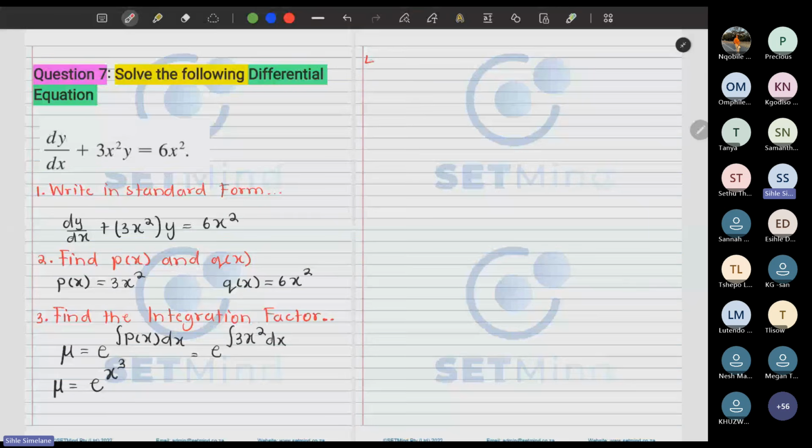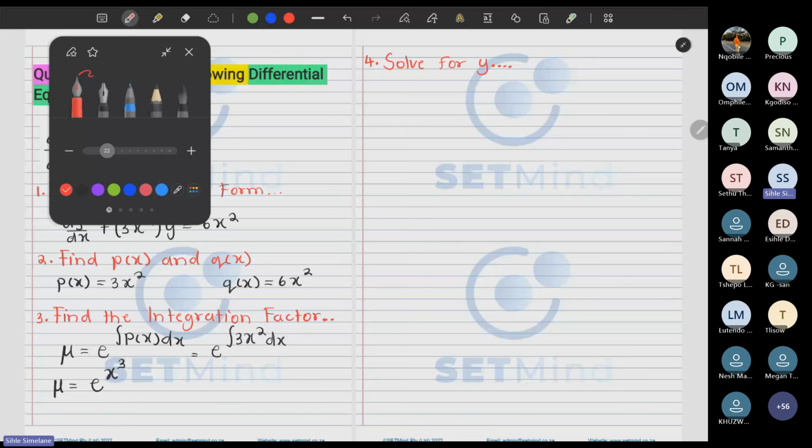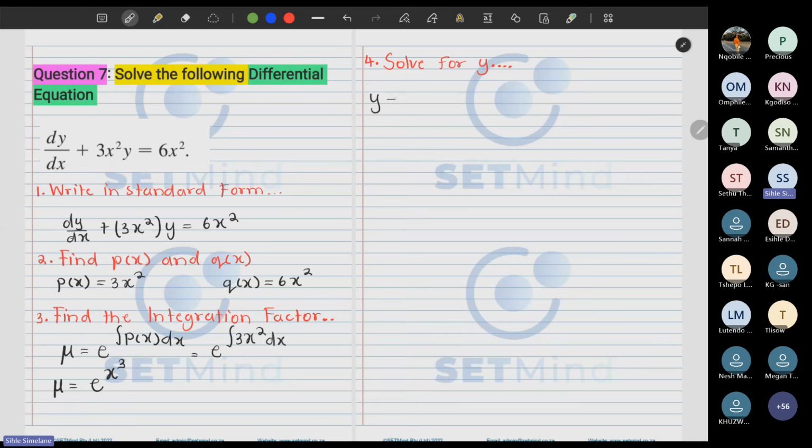Step number 4, where we solve for y. And what this problem also will show you guys is that you need to go and revise your substitution. It's very important. So your y is equal to the integral of this times q of t dt divided by that.